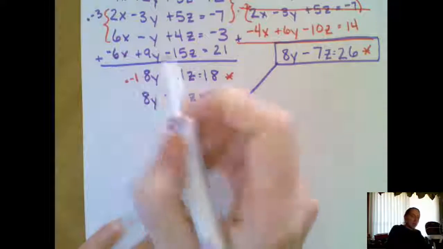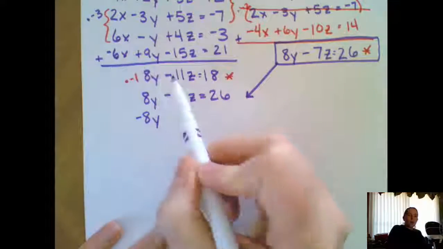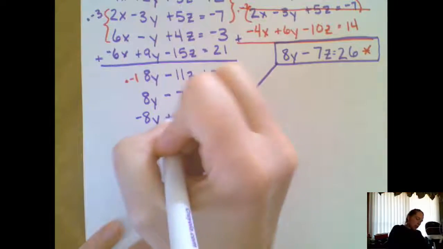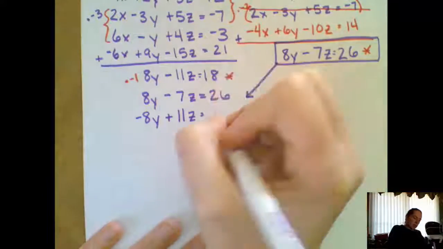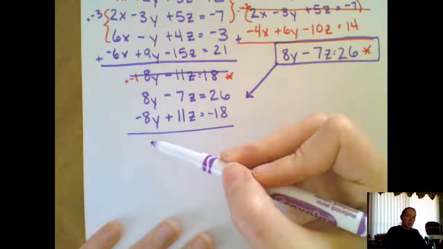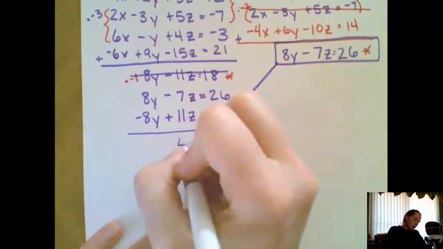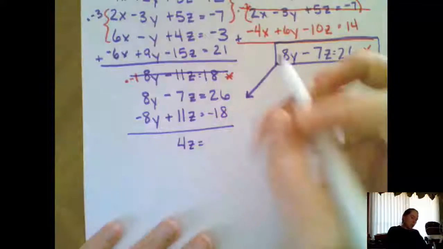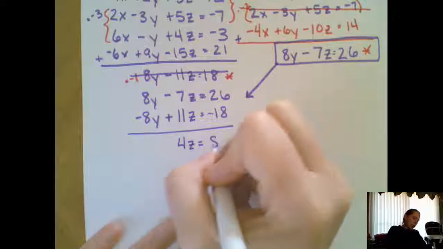So -1 times 8 is -8y. -1 times -11 is +11z. And -1 times 18 is -18. Now your y's will eliminate. -7 plus 11 is 4z. 26 plus -18 is 8.